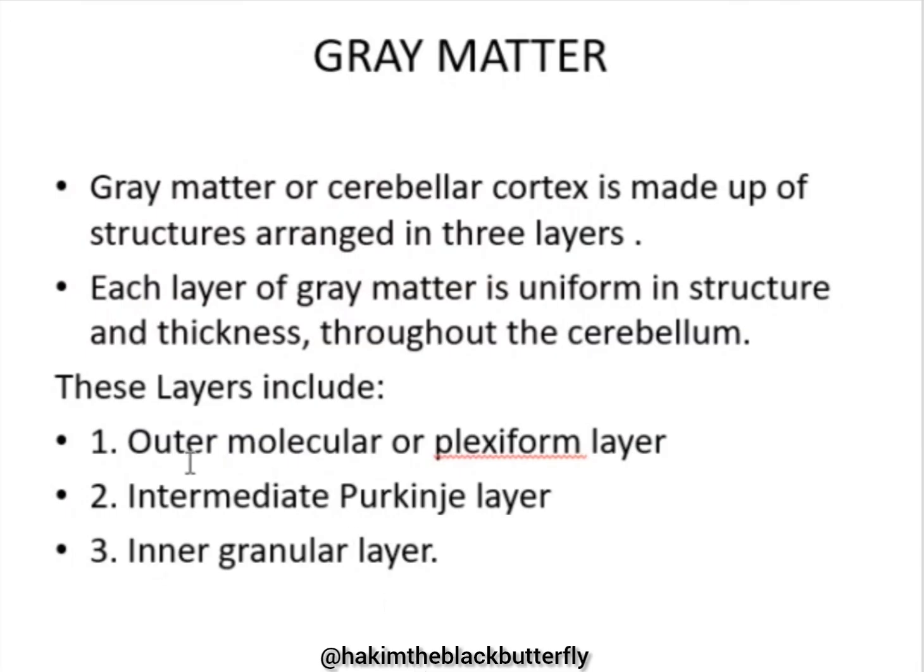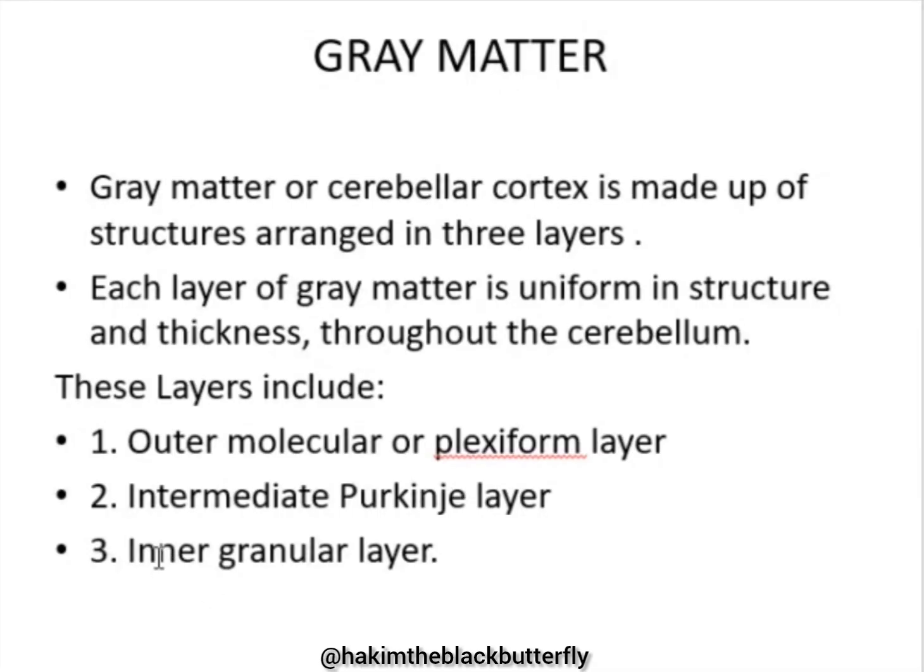The outermost layer is known as the outer molecular or plexiform layer. Deep to it, we have the Purkinje cell layer or the intermediate layer, because it is made up of neurons known as the Purkinje cells.